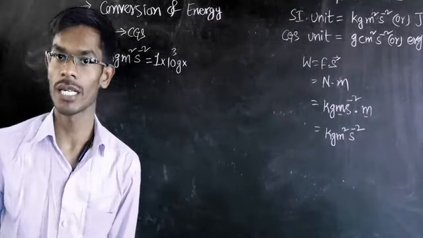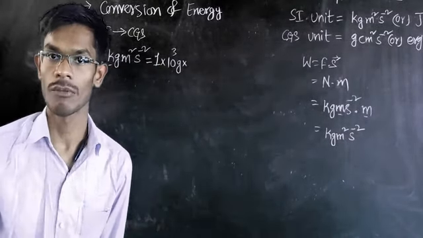The CGS unit of length is what? Centimeter. 1 meter is equal to how many centimeters? 10 square centimeter. So 10 square centimeter whole square. Here the whole to the power of 2 is present, right? This will be whole square, and second will be time, so S power minus 2 alone.